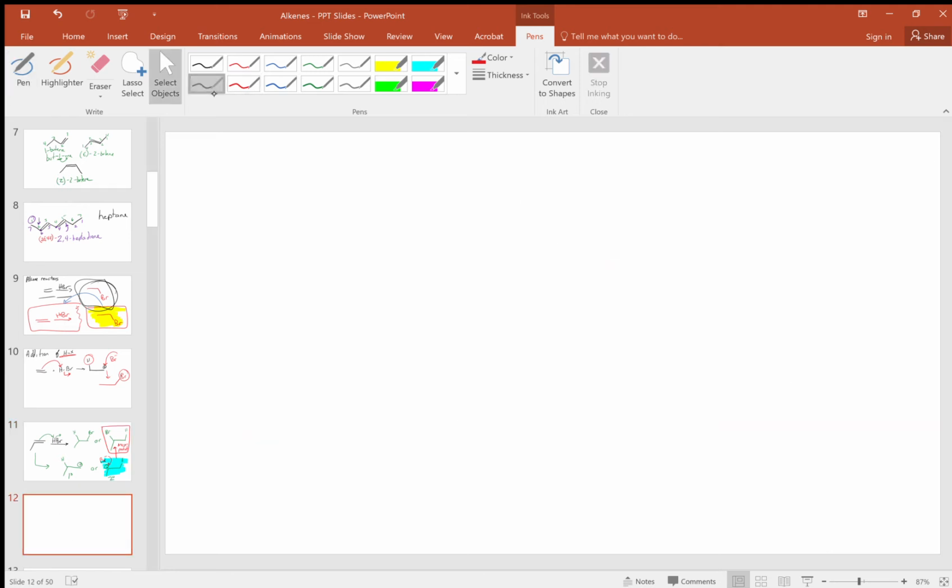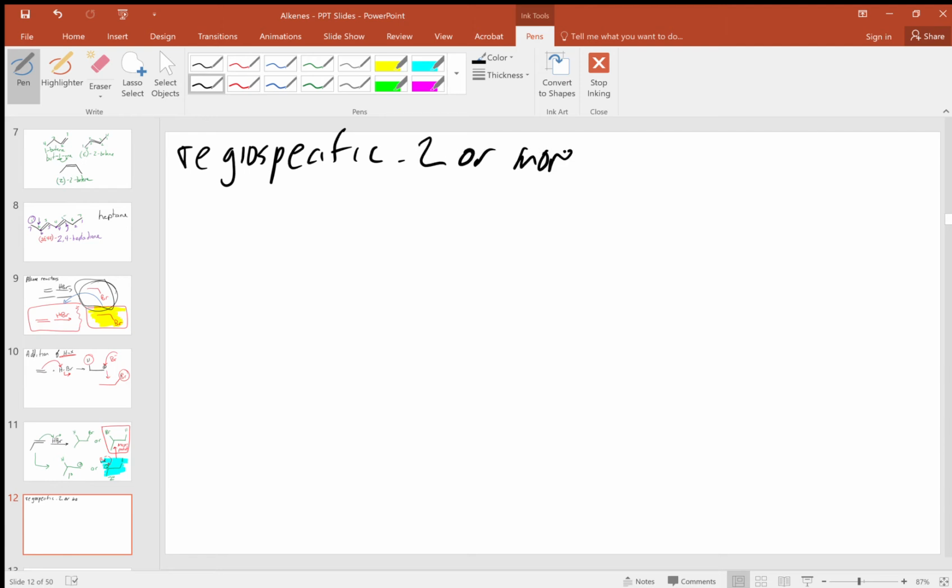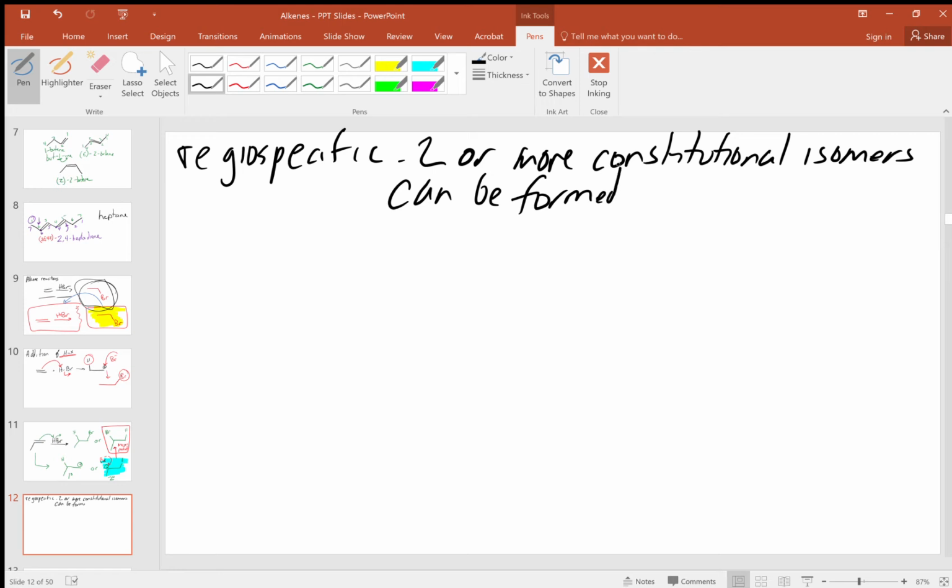So two definitions that we want to add in. One is the term regiospecific, because this reaction fits under this definition. It's a reaction where two or more constitutional isomers can be formed, but one is favored.